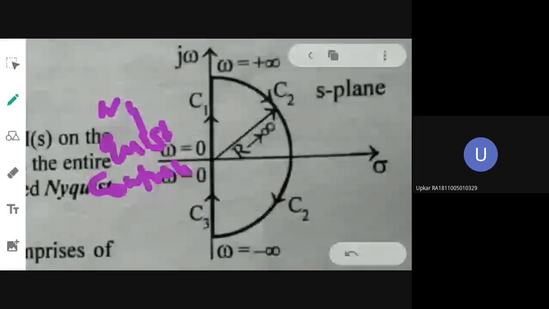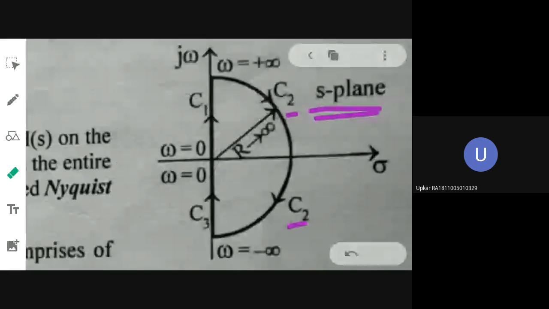Now there are 3 segments for it: C1, C2, C3. C1, C2, C3 are the 3 segments that it has. Now which one is along the imaginary axis out of these 3?